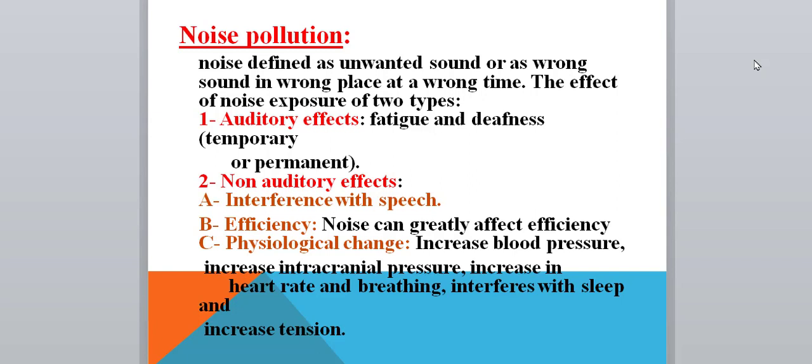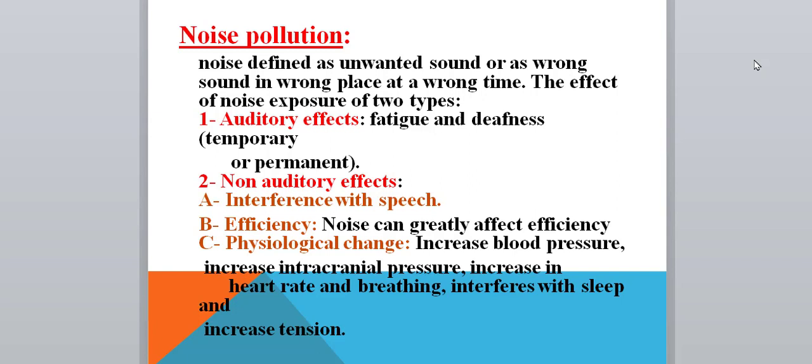Secondly, non-auditory effects do not belong to the hearing system. A, interference with speech. The person cannot speak quickly, easily and quietly when there is noise behind him or around him.